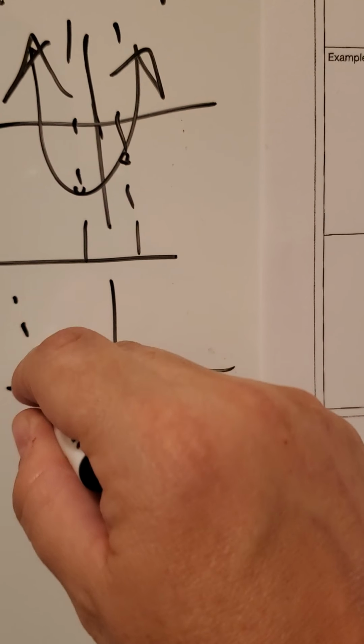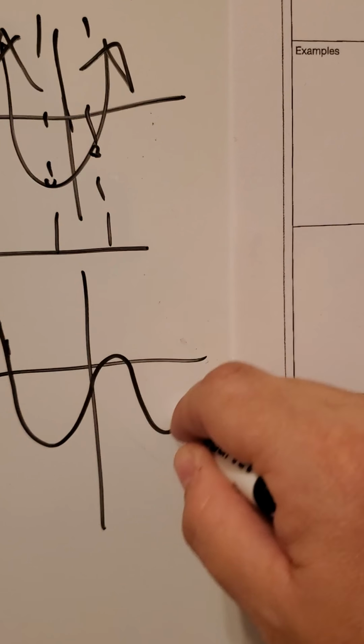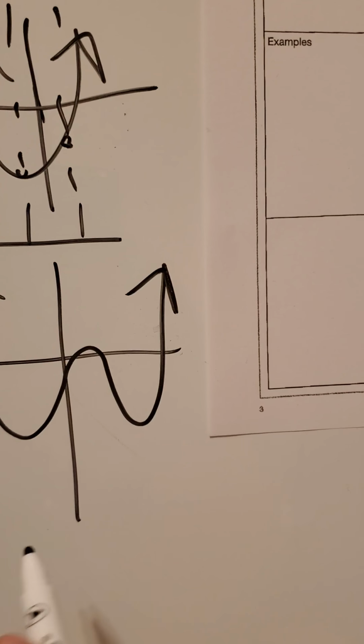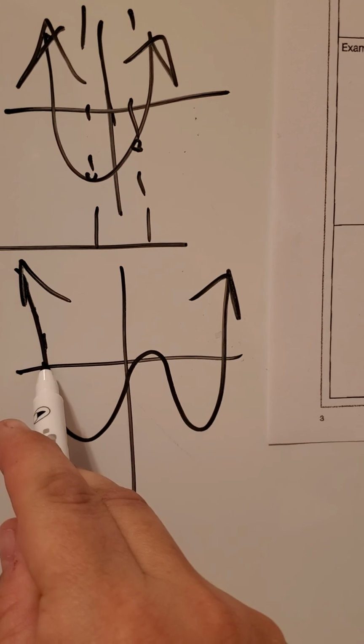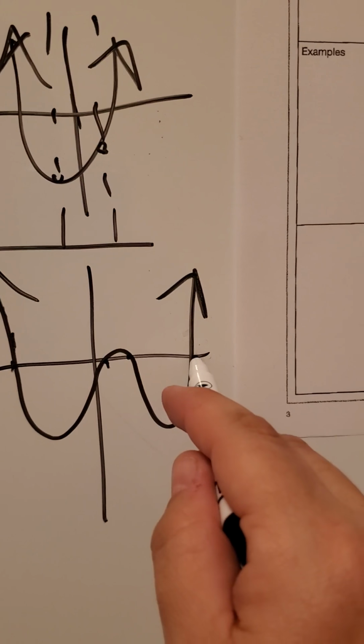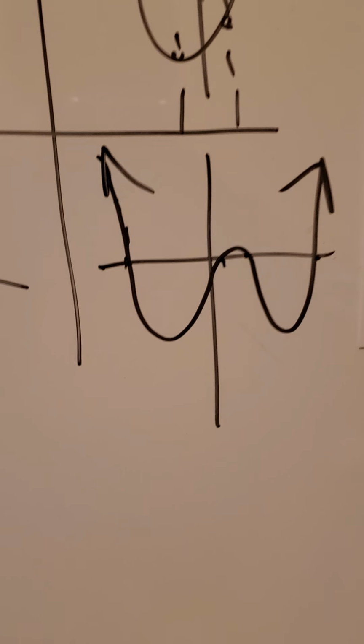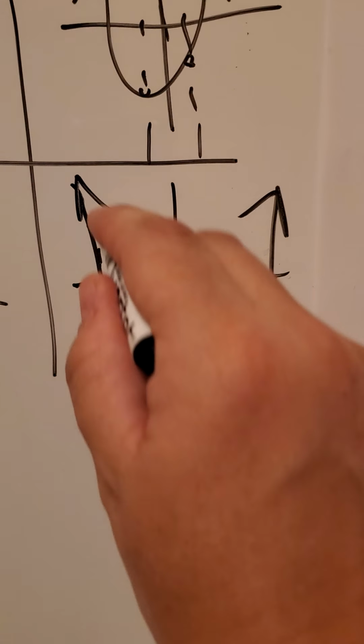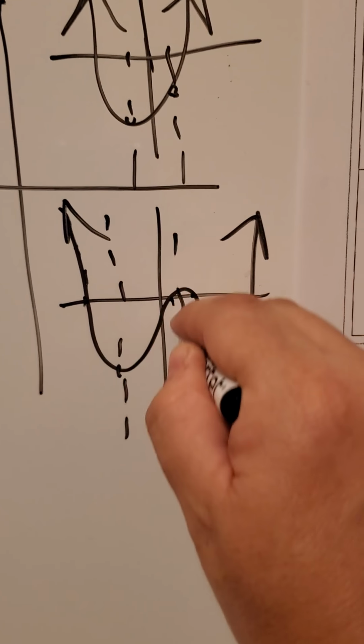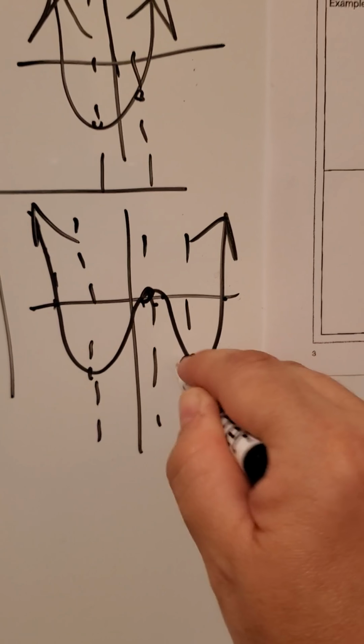Quartic functions could look like a W. The reason quartic means 4 is because it crosses 1, 2, 3, 4 times on my x-axis. Those are all real answers; we'll talk about that later. But it also passes that vertical line test.